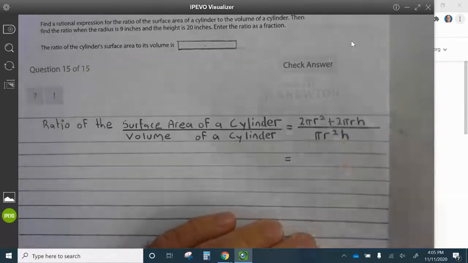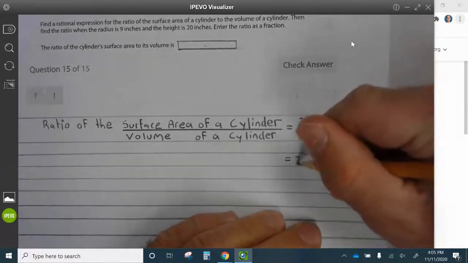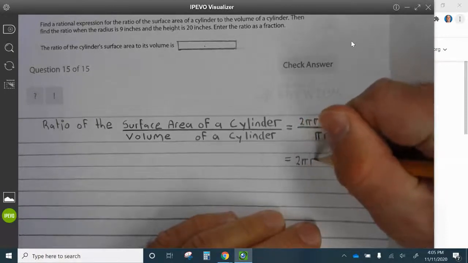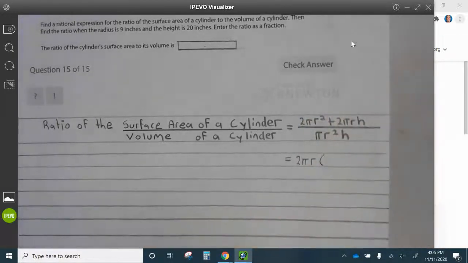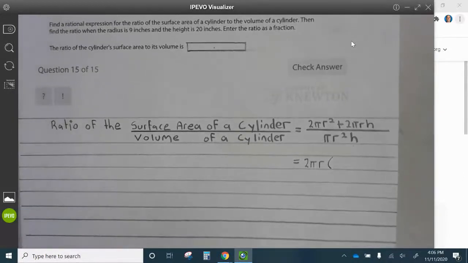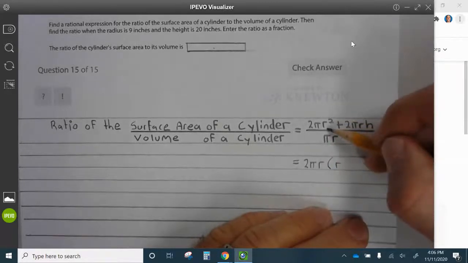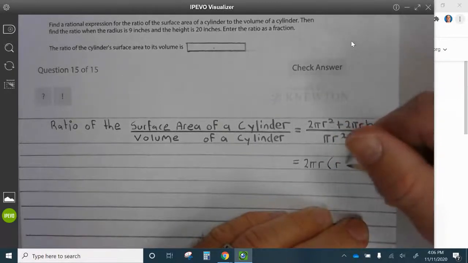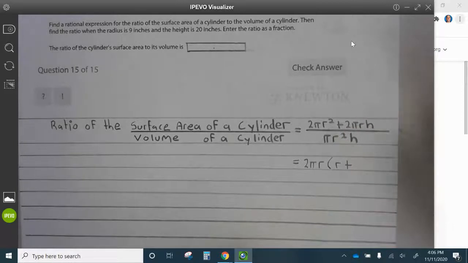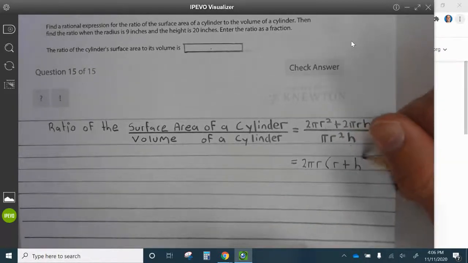So we can factor out 2 pi r, which leaves r, that's the only thing left there, plus h.